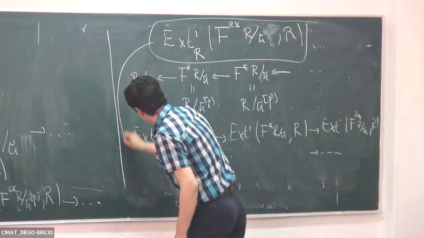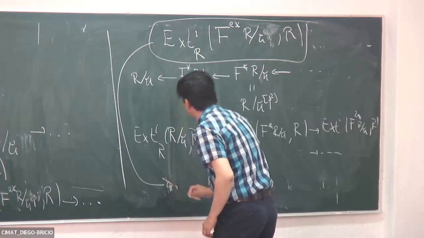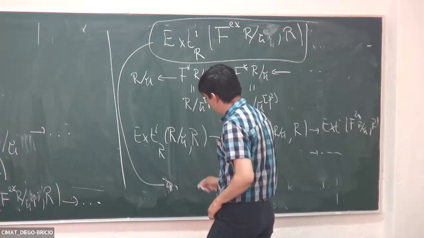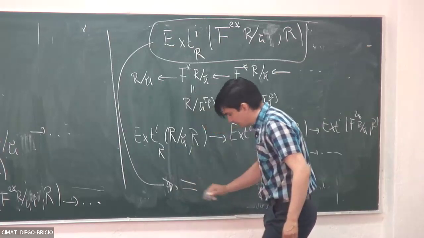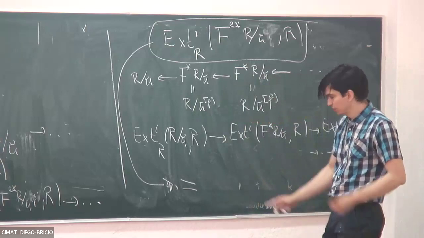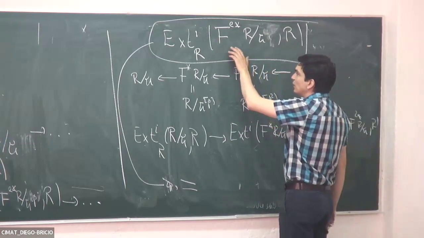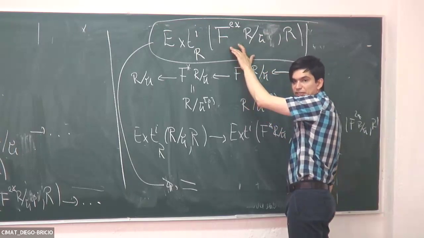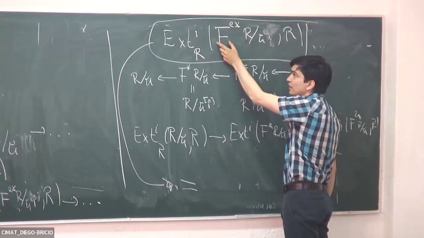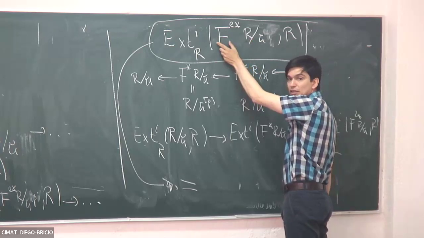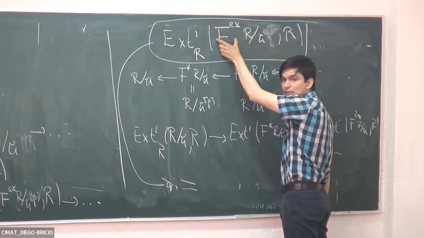So now my third remark is the following. Let's look at this object, and this object here is going to be equal to the following. And here I really need you to pay attention to this, because I'm going to use for the first time in a key way that R is regular, and so that Frobenius is flat, and therefore the pullback is exact.